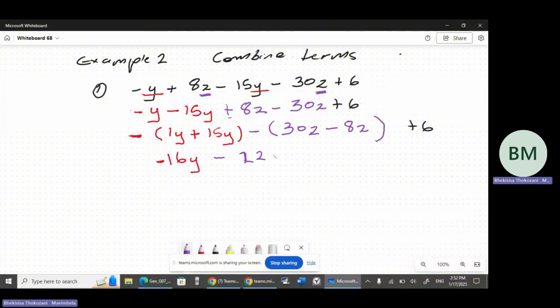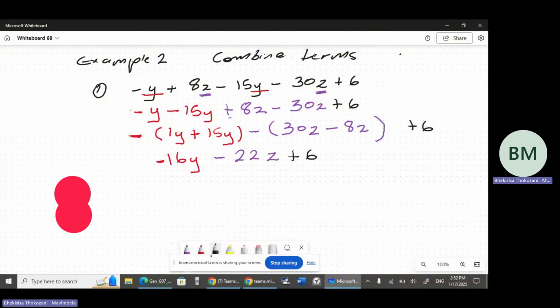Write it properly. So here we have minus 22z. Okay, and we are going to bring our constant, which is plus 6.